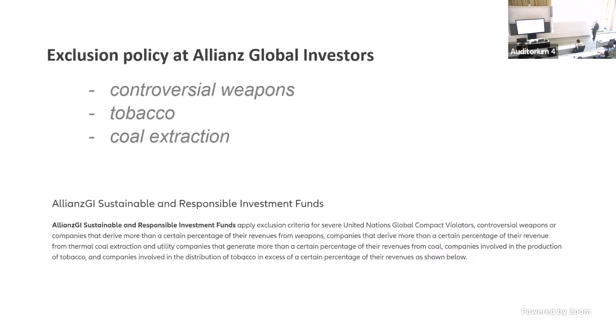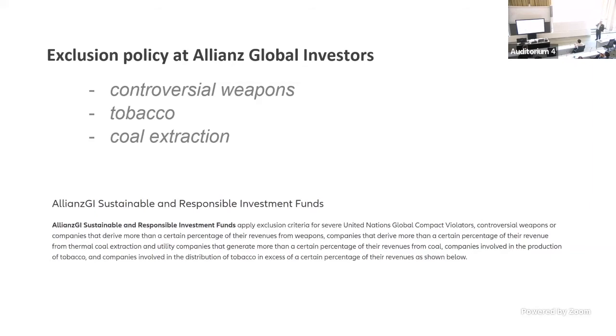So this one is from Allianz Global Investors. They have exclusions against what they call controversial weapons. So that would be things like mass destruction, forbidden weapons like cluster bombs and so on, nuclear weapons and so on.